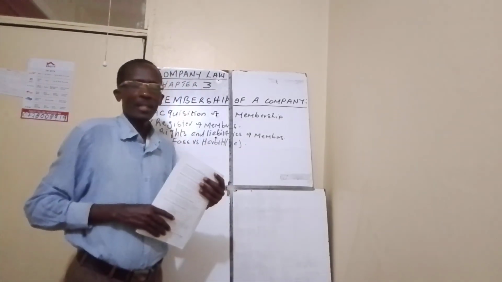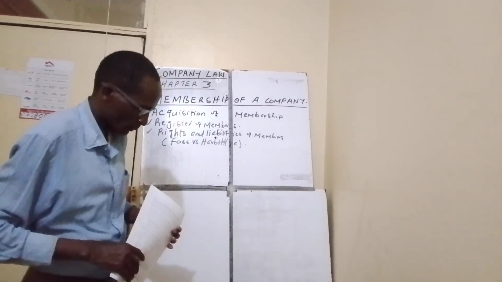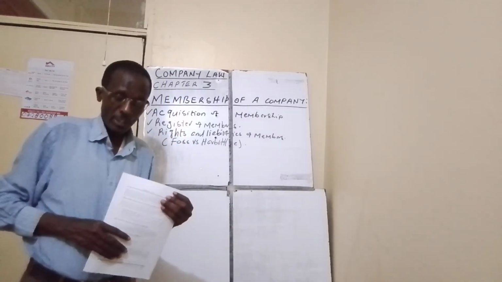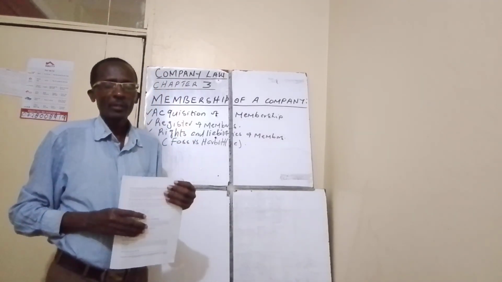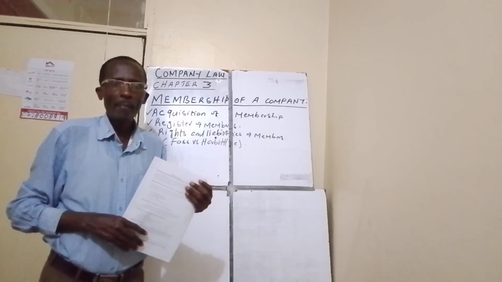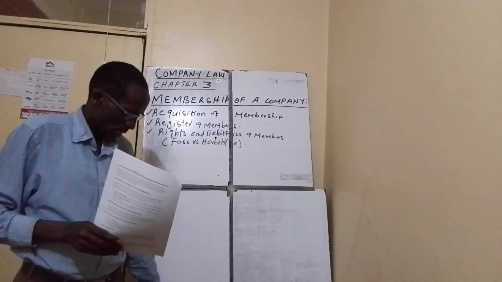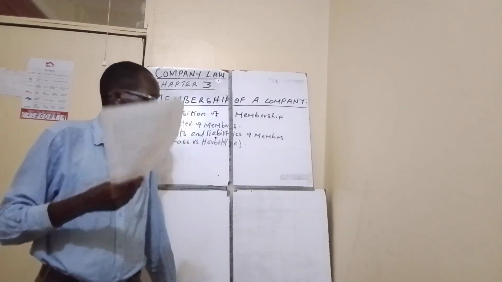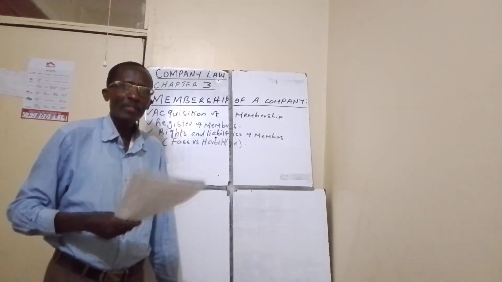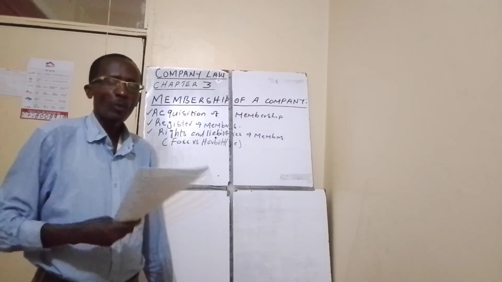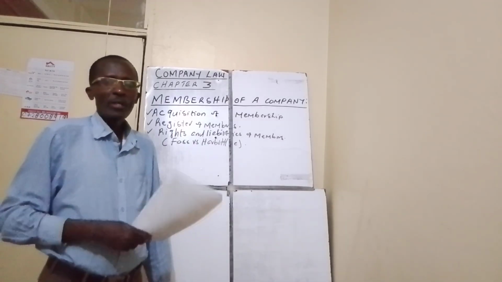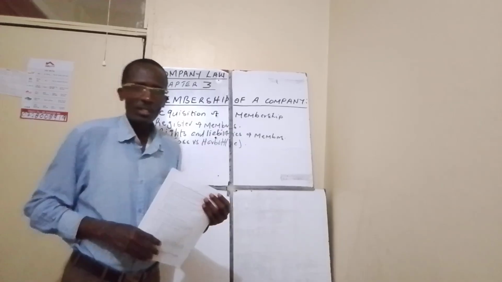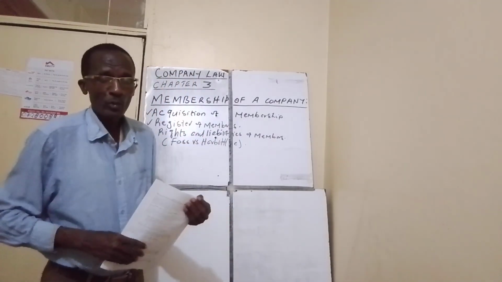When we are changing the object clause, we say that object clause is found in the memorandum of association. The purpose of object clause is to indicate the purpose for which a company was incorporated, the economic activities which the company was incorporated to engage in.